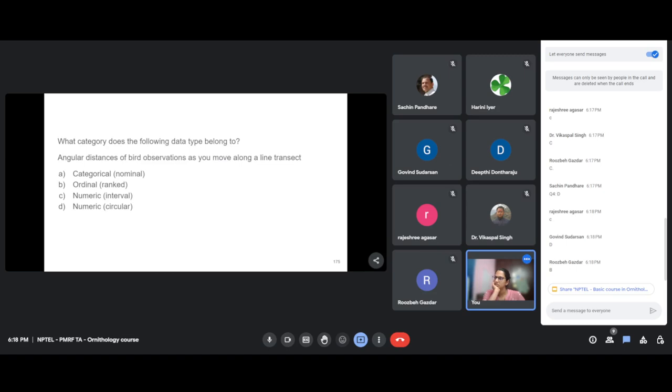Okay, next answers B, C, D. Ma'am, by angular distances, you mean the angular distances are all measured, right, ma'am? Right. Got it. Correct. Whatever is measured, yeah. So in degrees, whatever the degree from the line transect.